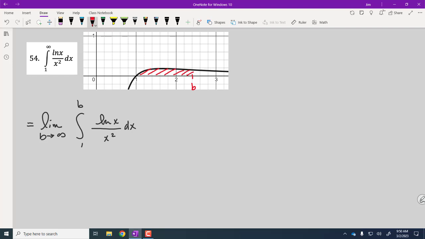So when we put in this b, there is our definite integral right in front of us. And this definite integral is going to end up being a function of b. When we integrate from 1 to b, if you've got a variable up there, you always end up with a function. You don't end up with a constant. So that's going to give us a function of b that we then take the limit as b goes to infinity.